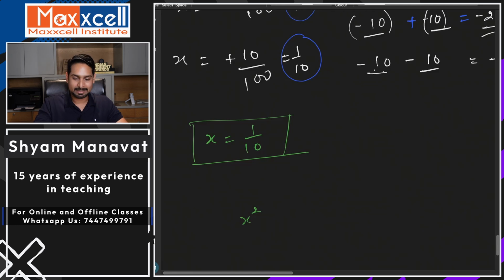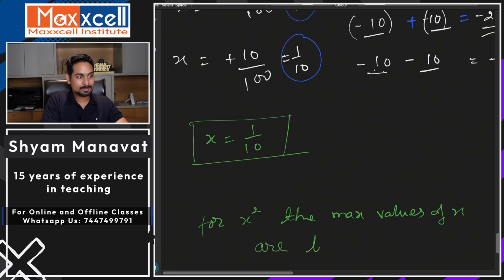So keep in mind, for x square, the maximum values of x are 2. It's not that x is equal to 2. x can take a maximum of two different values for that particular equation. The minimum could be 1 also, which we have seen in this question, that's only 1 upon 10.